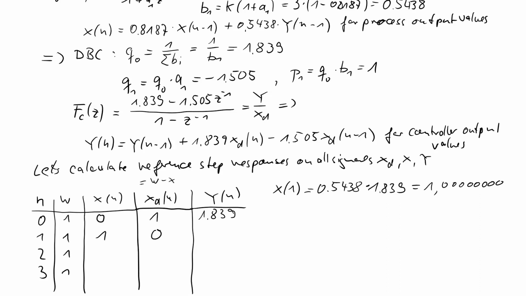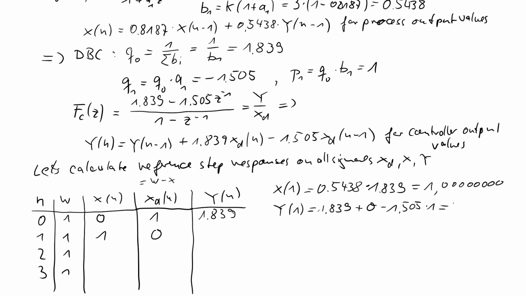And now let's calculate the y1 value with this equation. y1 is the old output one step before, this was our 1.839, plus 1.839 times the actual control difference, which is 0, minus 1.505 times the control difference one step before, this is this value, so this is a 1, and the result is 1.839 minus 1.505.